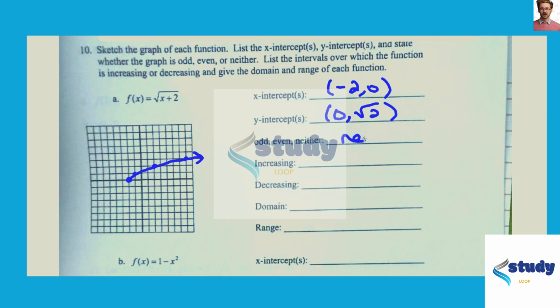This is neither, because it has no symmetry. It is increasing from -2 to infinity. It's never decreasing. The domain is from -2 included to infinity, and the range is from 0 on the y-axis up to positive infinity.